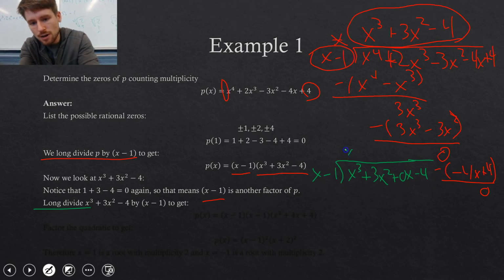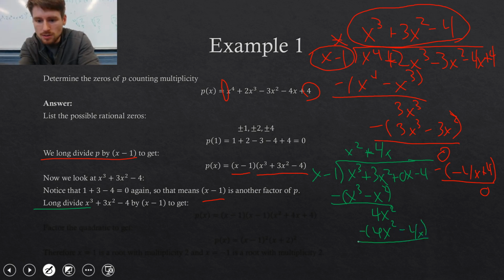So we have x squared, x cubed minus x squared, 3 minus negative 1, that's positive 4x squared, and so we're going to have a 4x. x times 4x is 4x squared, negative 1 times 4x is minus 4x, 0 minus negative 4x is positive 4x, and so then x goes into 4x positive 4 times.